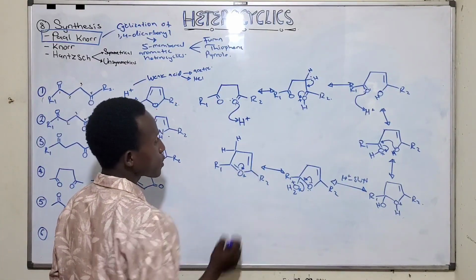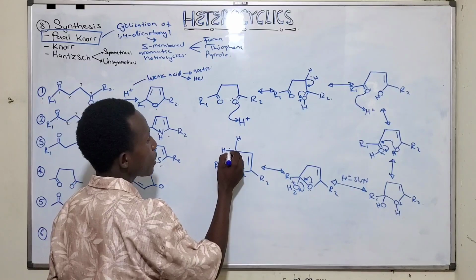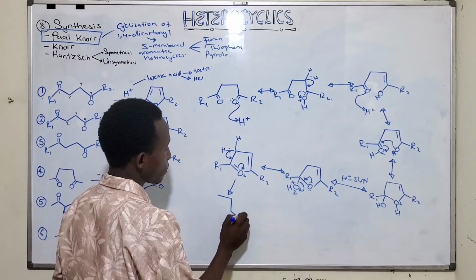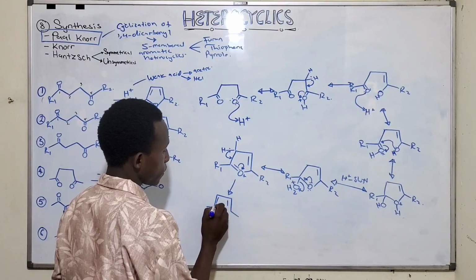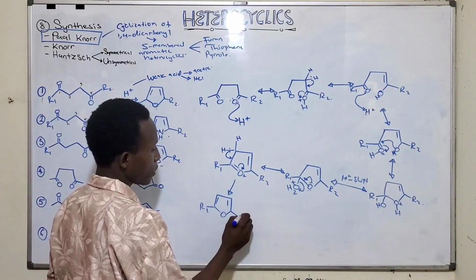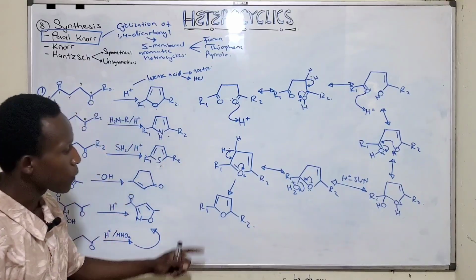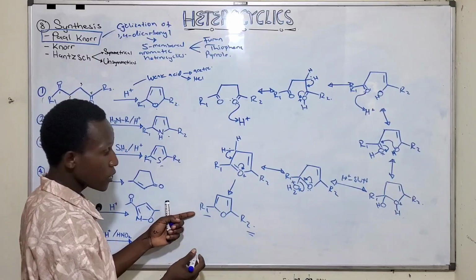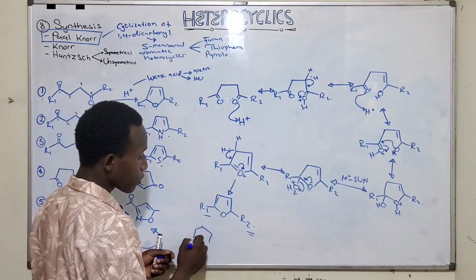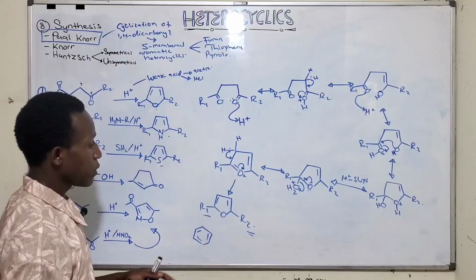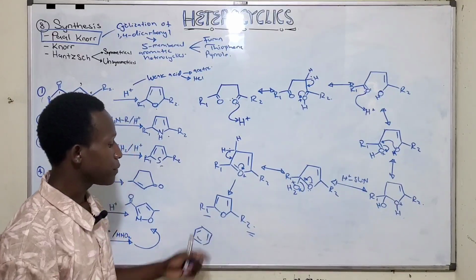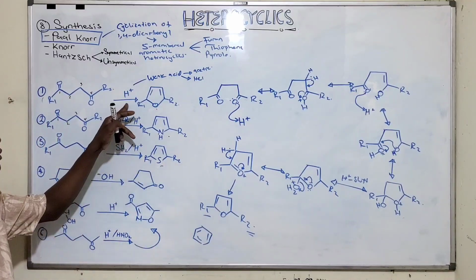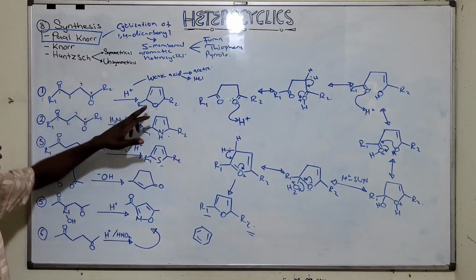So when oxygen pulls electrons back to stabilize, one of the bonds will break, form a bond there. So we shall form this R1, R2. So this is our furan. Remember, these are groups. It can be hydrogen, it can be a phenyl group, it can be any group. So we're having furan. These are substituents. That's how we form furan.